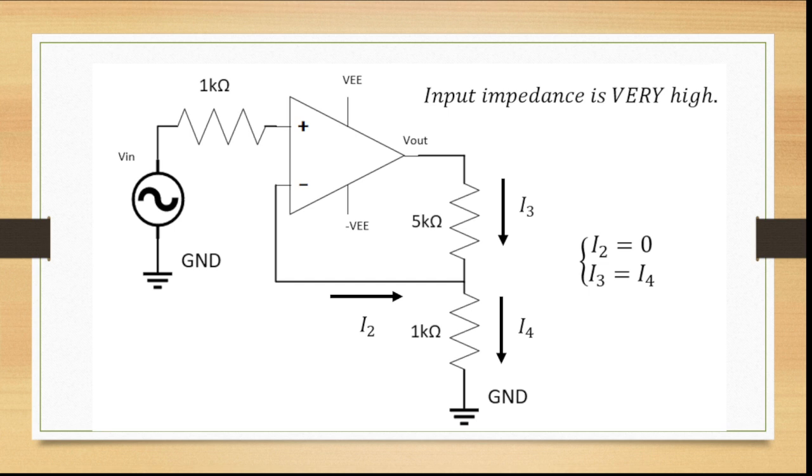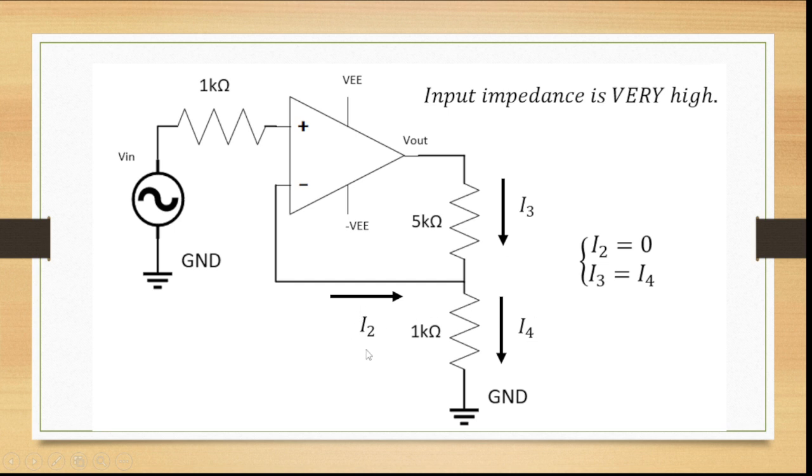Also, we will calculate now the inverting input. Okay, it happens the same thing. This current I2 is 0. Why? Because the input impedance is very high, so no current is going out. So because of that, we know that I3 will be equal to I4, right?